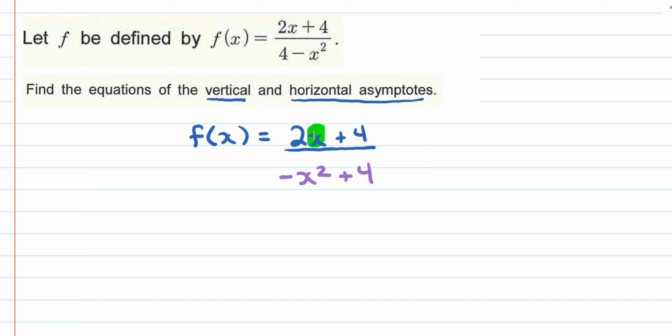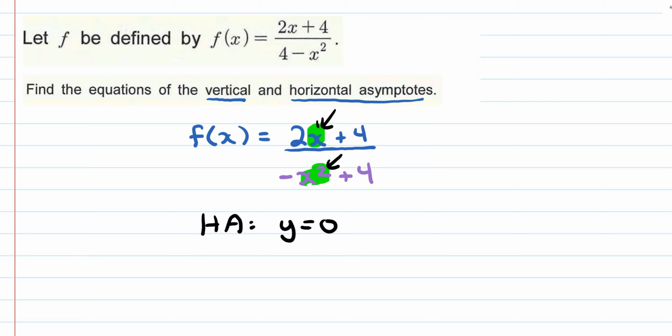There's a power of 1 on the numerator on that x variable, and on the denominator, the x variable has a power of 2. So whenever the denominator has a higher power, the horizontal asymptote, by definition, is always at the line y equals 0, because the power in the denominator is greater than the power in the numerator.